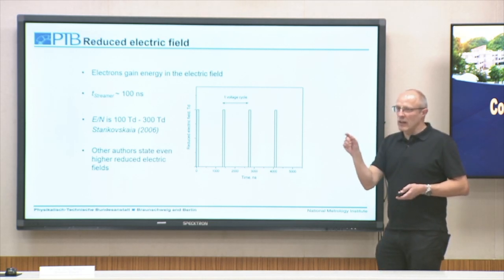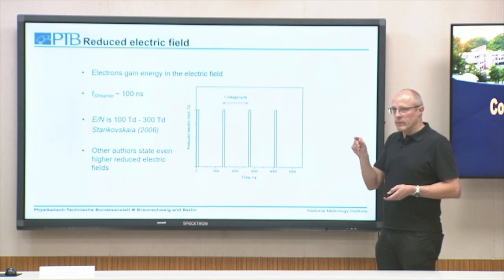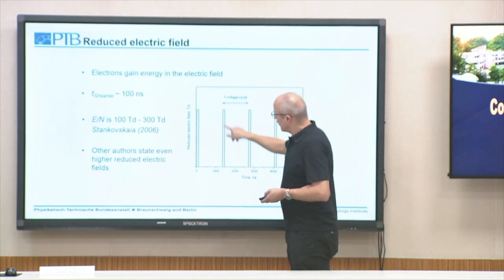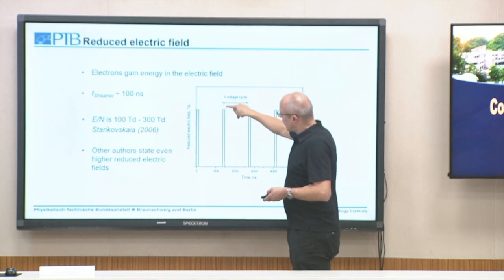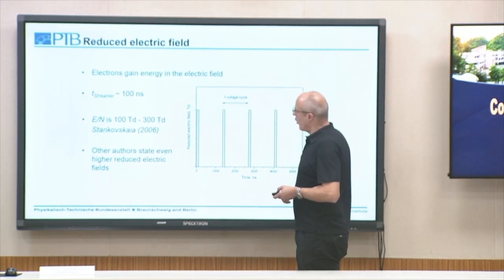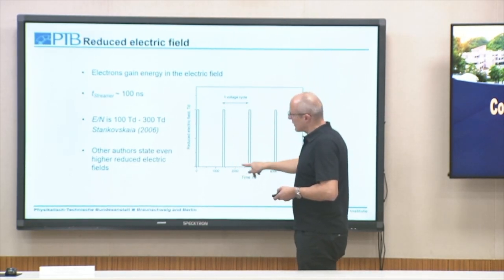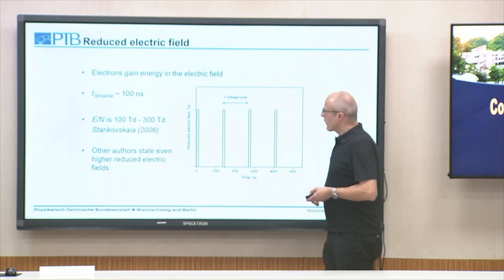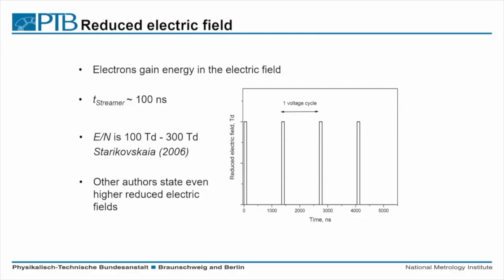Only for a very short time, for several nanoseconds, a streamer discharge occurs. And so for the simulation we put on this term, and for the rest of the time it's zero. There is no streamer discharge. The electrical field is in the range of 100 to 300,000 following literature.